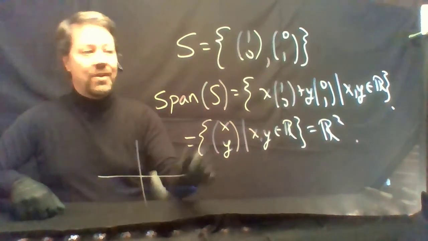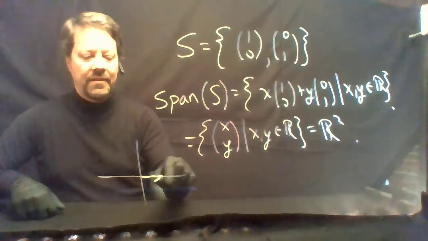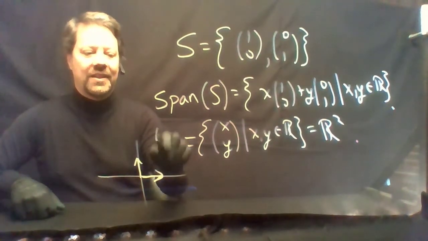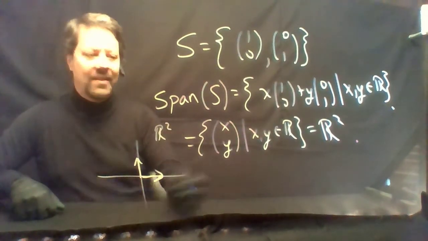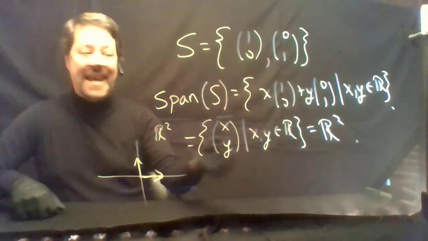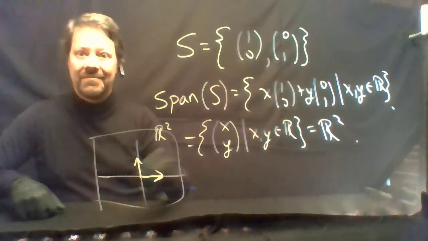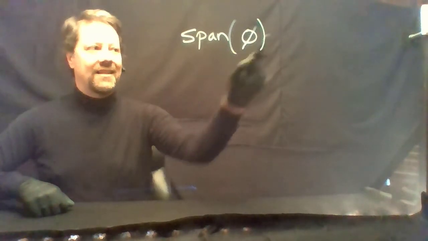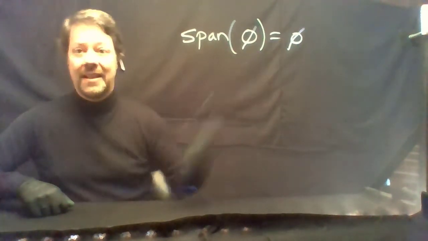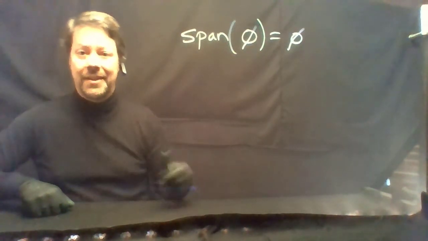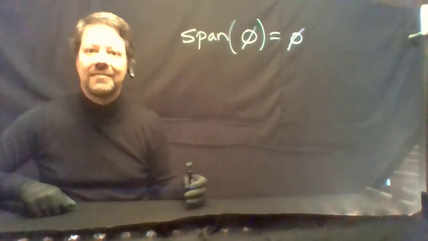In this case, we started off with two vectors pointing in different directions in the plane R2. When we constructed the span, the set of all linear combinations, we ended up with the entire plane. Now, the span of the empty set is the empty set. Linear combinations of nothing is nothing.